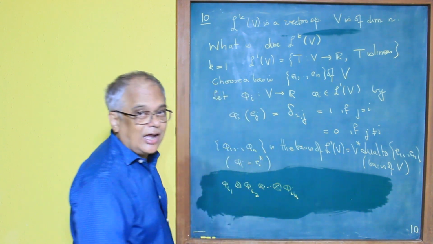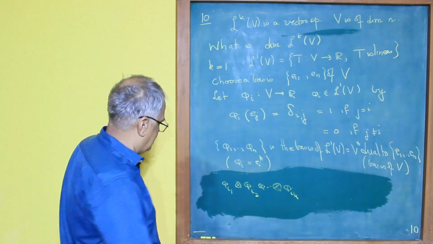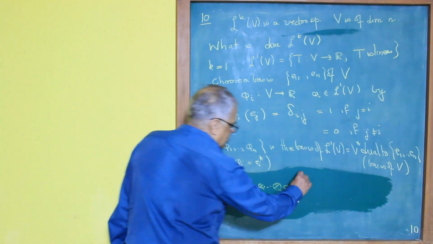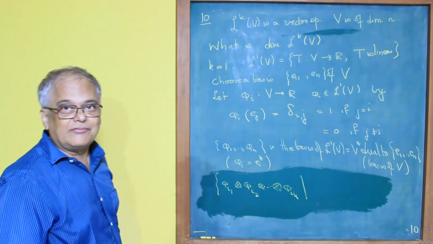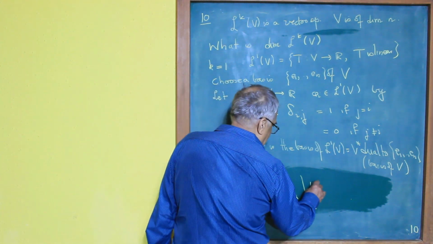And what values can i_1 to i_k take? i_1 to i_k can take any value between 1 and n.